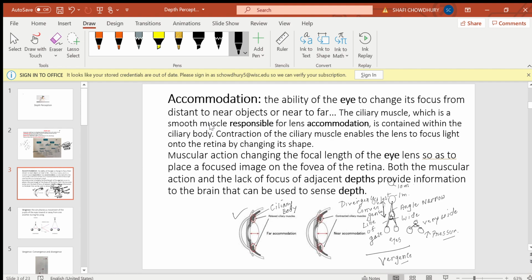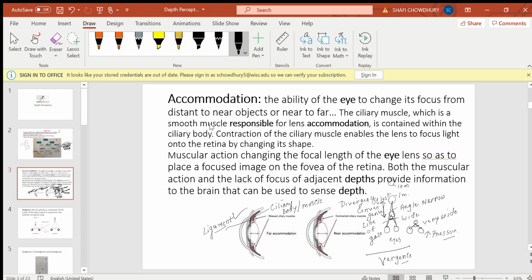And in the ciliary body, you have the ciliary muscle, smooth muscle, and from the ciliary muscle, the suspensory ligament, also called zonula.